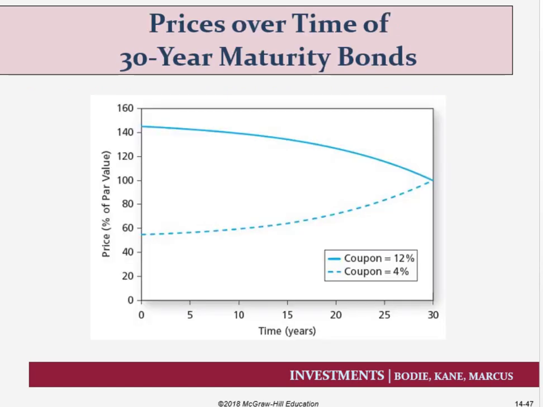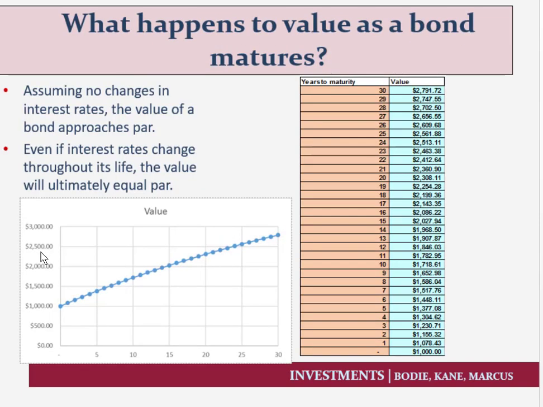Your book gives us a nice little graph that shows that whether you buy a bond down here at a discount, or whether you buy a bond at a premium, ultimately this bond is worth $1,000. So we know that bond prices move towards maturity or par value at maturity.